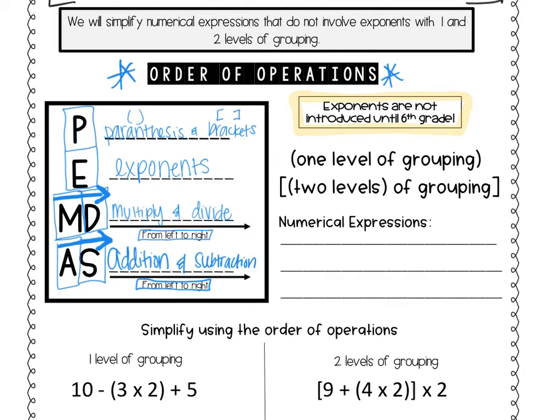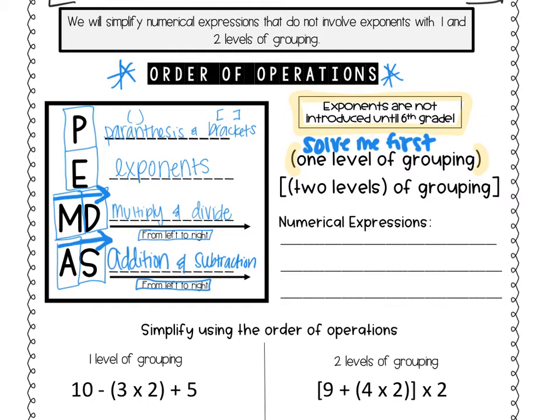And if you remember, we've talked about in class, the parentheses shout, solve me first. So we take our parentheses and we solve them first. Whatever is in the parentheses, we solve first. And our PEMDAS tells us this because the parentheses are first in our acronym.